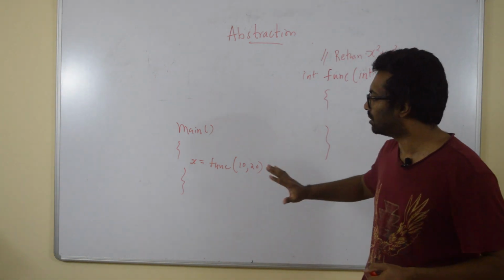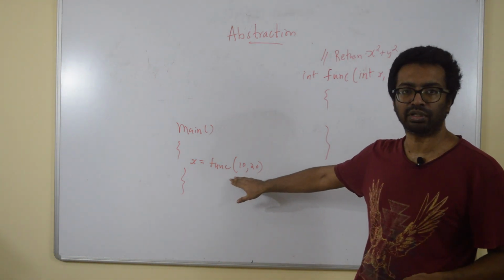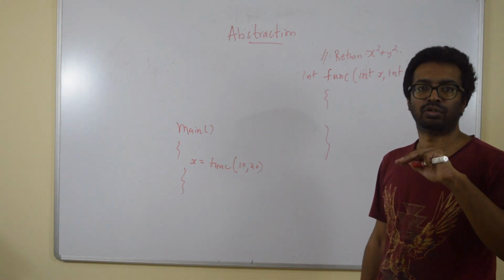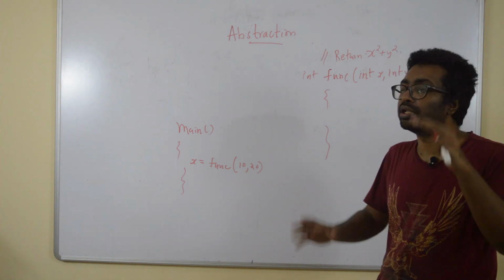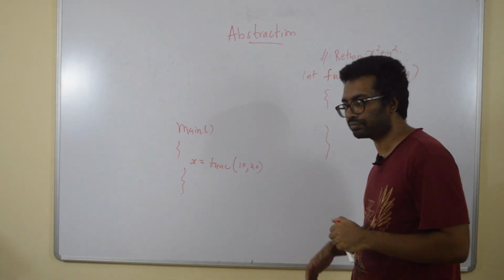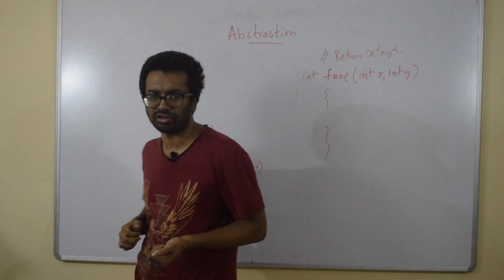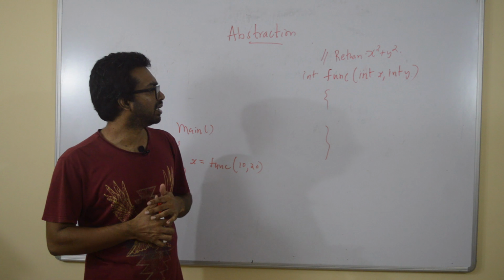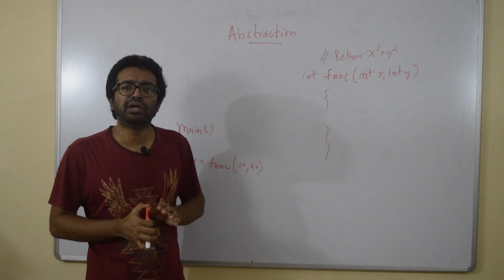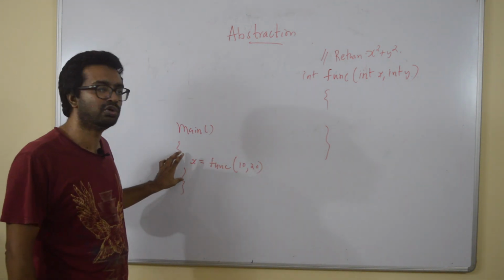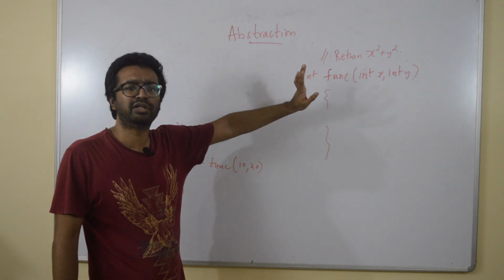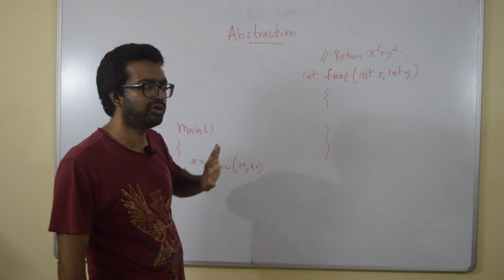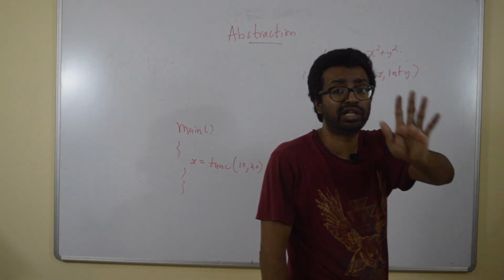He is just told what this function is going to do, and he does not have to know what is inside. Right, only the input and output. Only the important things which the main programmer has to know, only what is the input and what is the output, and the function when you have written, you have ensured that that's what you do, and that's exact.